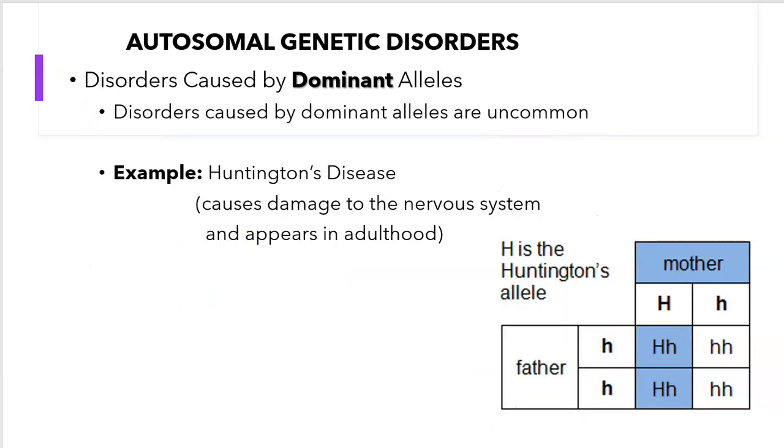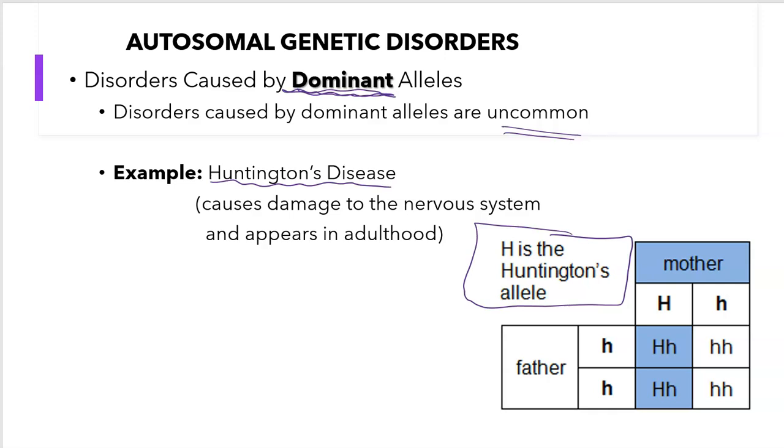Genetic disorders can also be autosomal, meaning they're found on one of those 22 pairs of chromosomes, and dominant. So these are uncommon. They're not as common as recessive. One example is Huntington's disease. Huntington's disease has become more common over the years, but it is tested for.